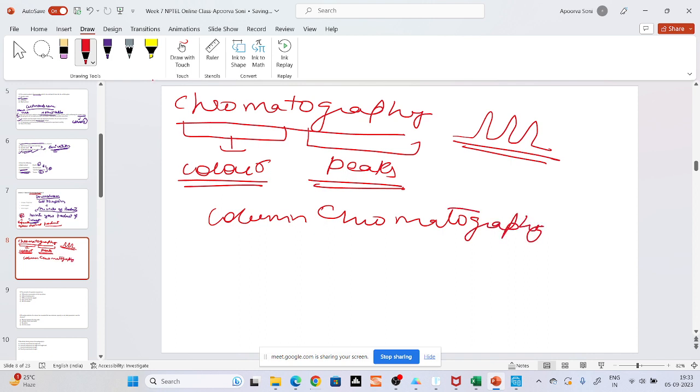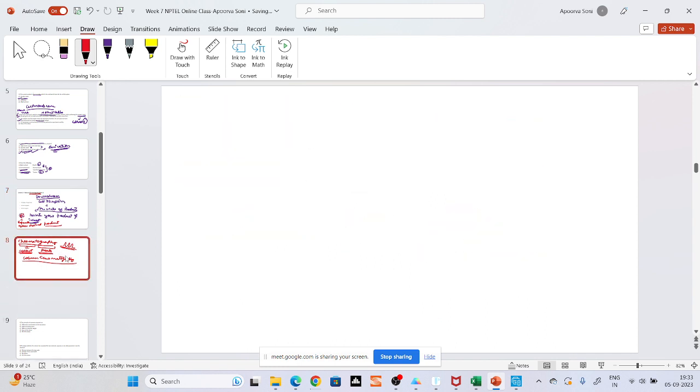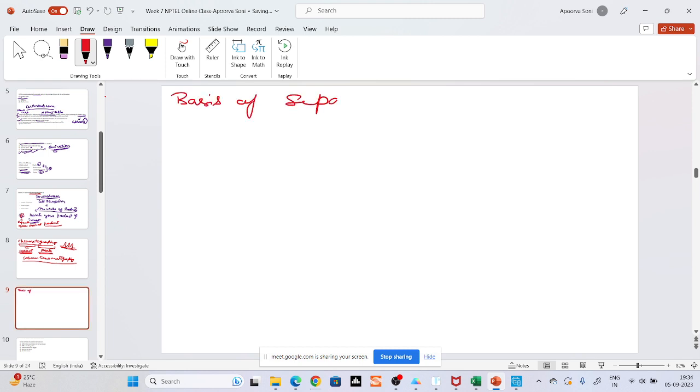Okay, but before proceeding into this, in this class we will study the principle of separation, chromatography and chromatogram. So first we have to see the basis of separation. I have two products, A and B, which are mixed together. After the cell disruption, I got a mixture of A and B. Now I want to separate A from B because I just want A. So how can any two products be separated from each other?